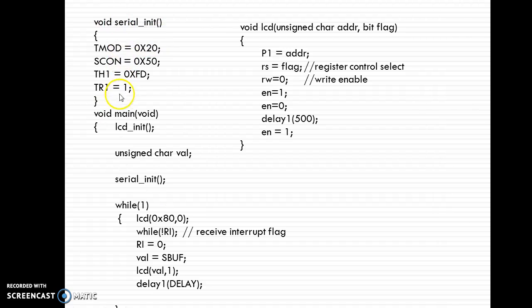In order to initialize the serial control block of the microcontroller, we have the serial init. We have another function called LCD, and you already know that the control starts from the main function.